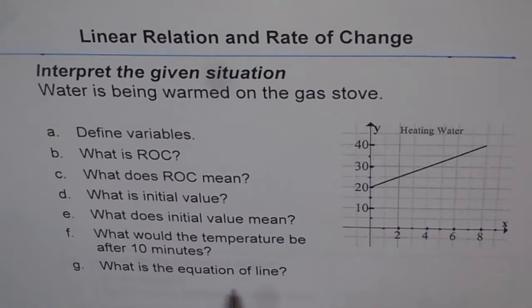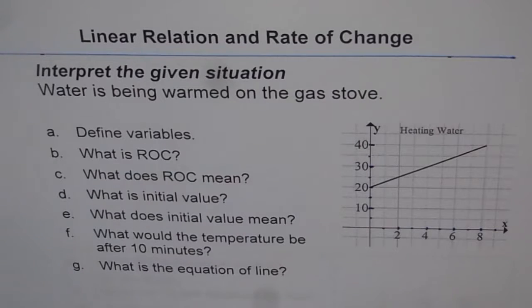What is the equation of the line? So when you write the equation of the line, you can of course write in terms of x and y, but you can write in terms of your defined variables. So answer these questions. You can stop the video. Once you have answered all the questions, then listen to my suggestions.